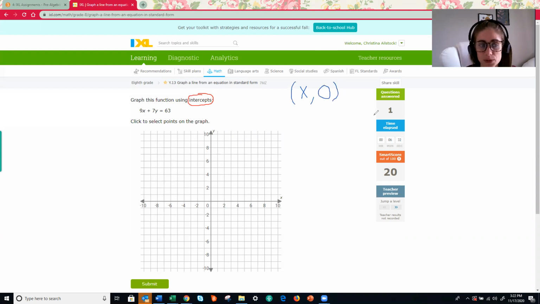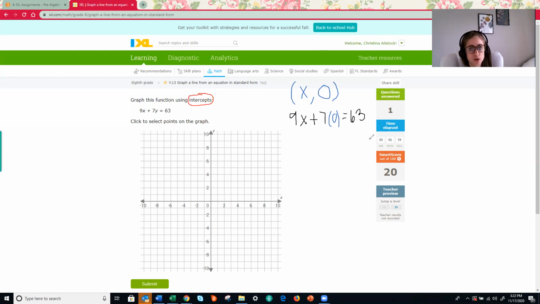So we are going to substitute 0 in for y. My equation is 9x plus, instead of 7 times y, it'll be 7 times 0 equals 63. All right, now we have an equation, which we learned back in Unit 2.